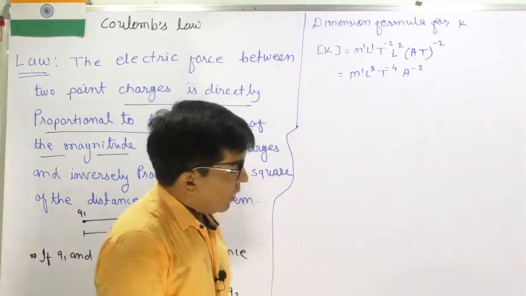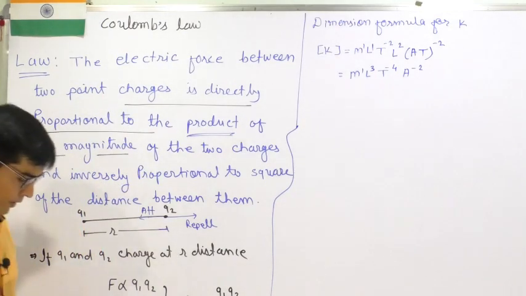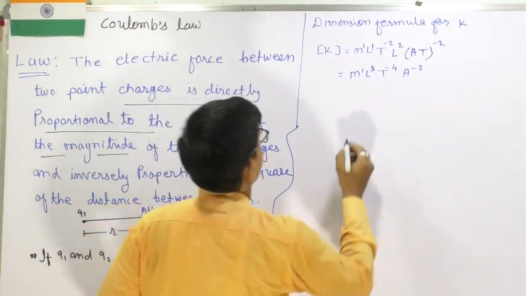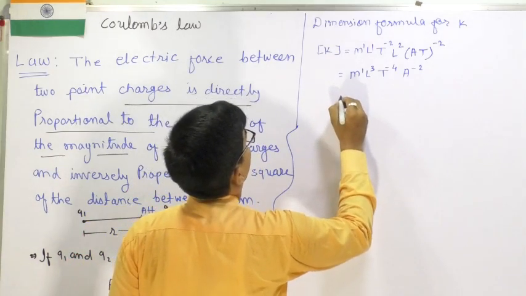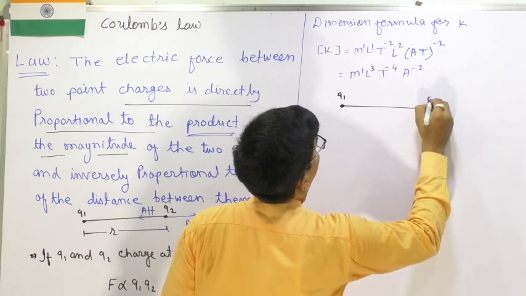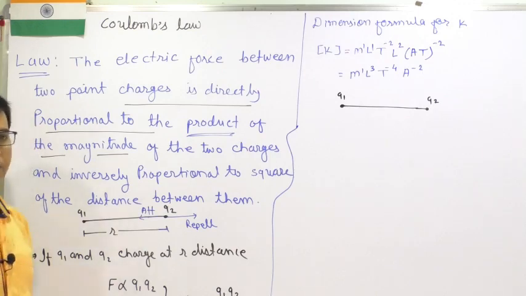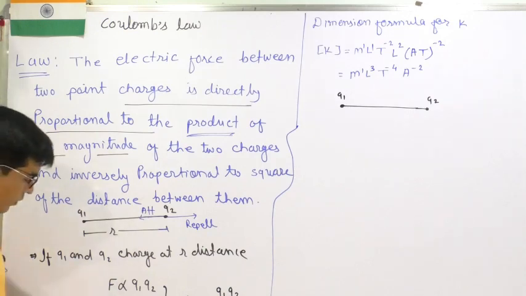Okay, now this is Coulomb's formula, and here these are two charges. One is here, this is said to be Q1, and the other is here, this is said to be Q2. But what is meant by K? How is K defined?